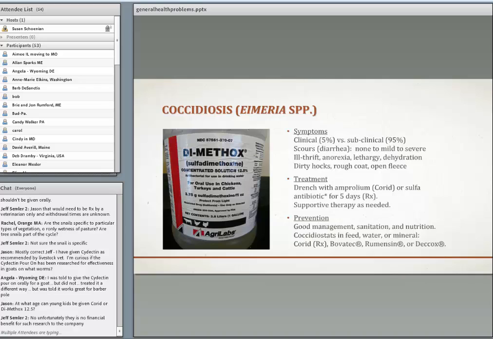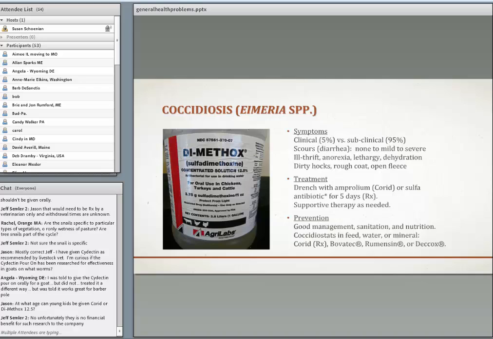Just like stomach worms, we should start with management, sanitation, nutrition. Overcrowding, messy conditions, poor quality feeders, all of that contributes to coccidiosis. Animals that don't get enough colostrum, it puts them at a disadvantage from the get-go. So we want to try to manage it best we can.